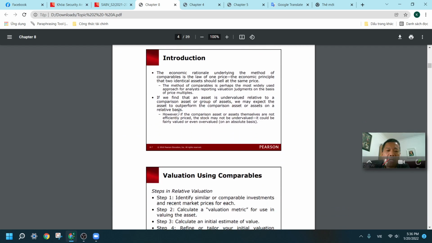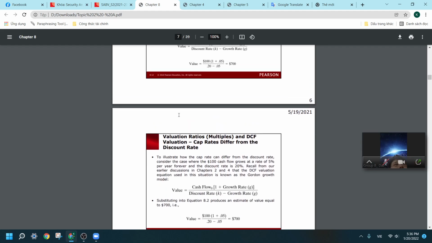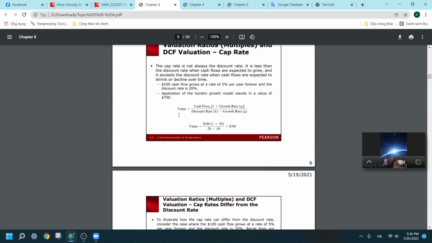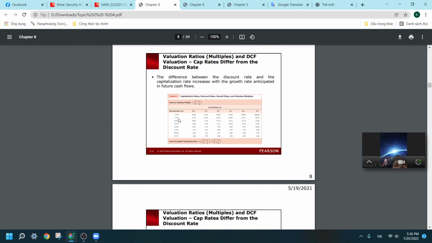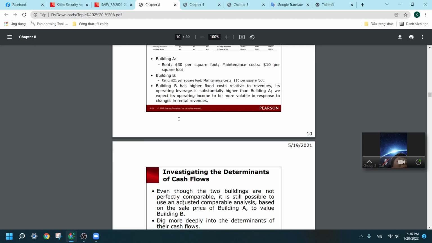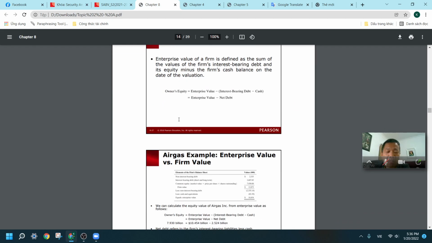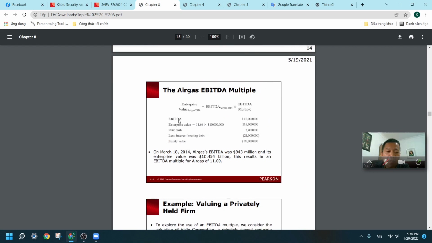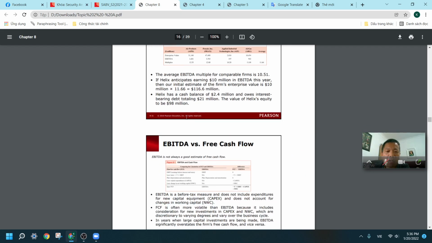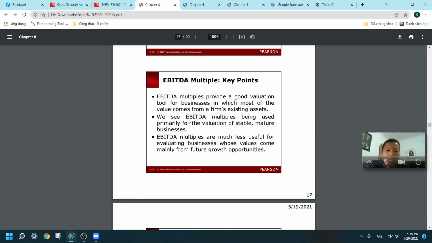Which one should be used as the discount rate? Can you repeat the question one more time? Okay, when you try to estimate the present value for the unlevered free cash flow, which one should be used as the discount rate?